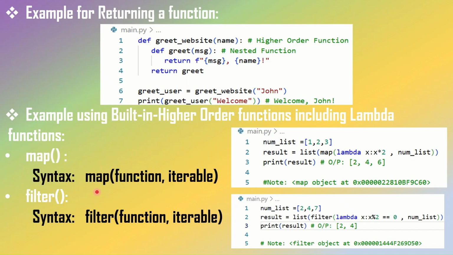Similarly, the filter built-in higher order function has the same syntax, but the keyword is different: filter of function comma iterable. The filter function applies the function to each and every item in the iterable, but only the items that satisfy the condition are returned in the output.